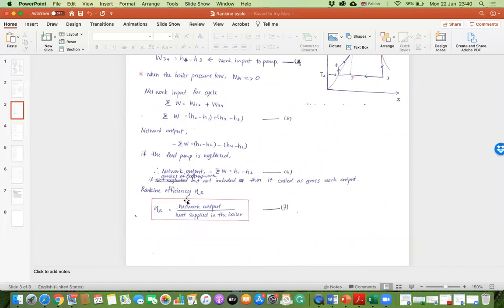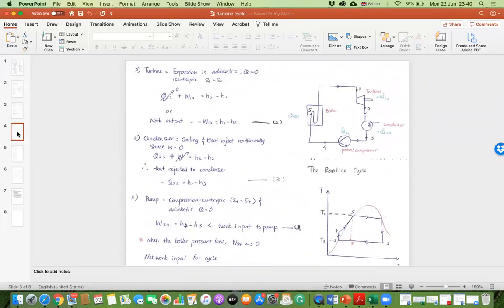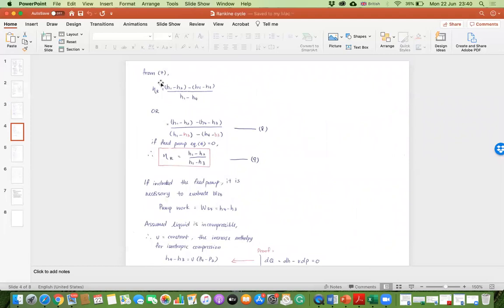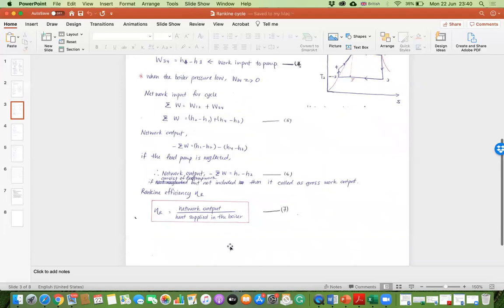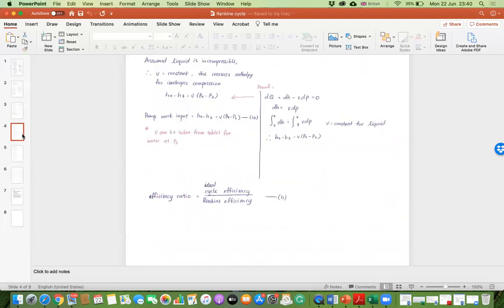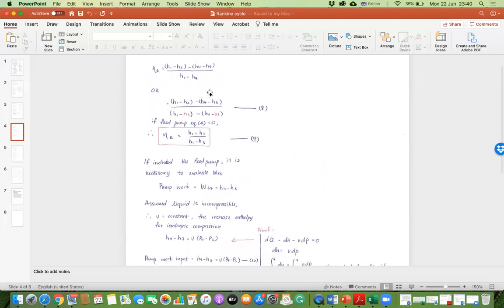So the Rankine cycle efficiency is now the net work output over the Q in. From equation 7, the net work output over the heat supply in the boiler. So we have the net work, which includes the feed pump.